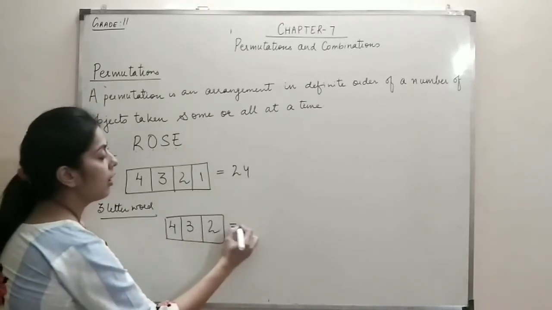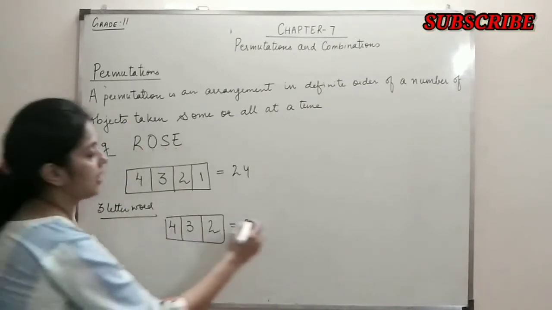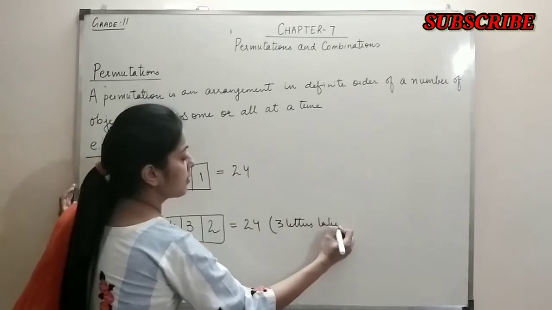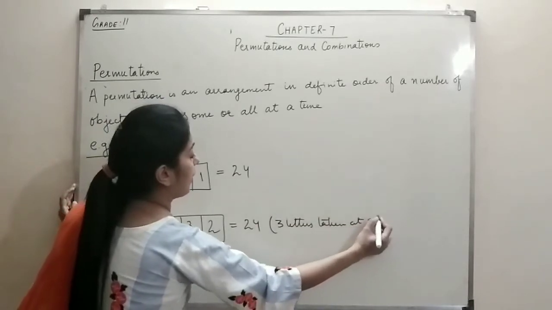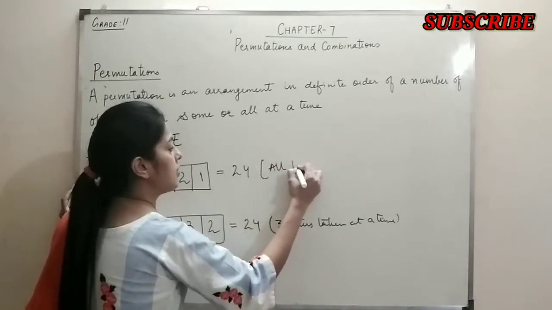Again there are 24 permutations. Here 3 letters are taken at a time, and here all letters are taken at a time.